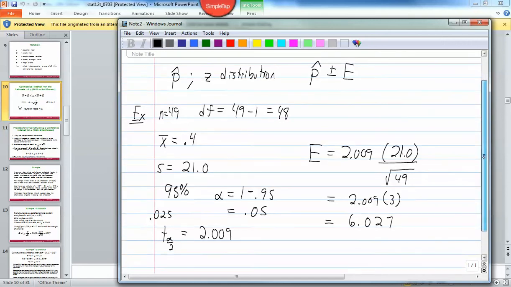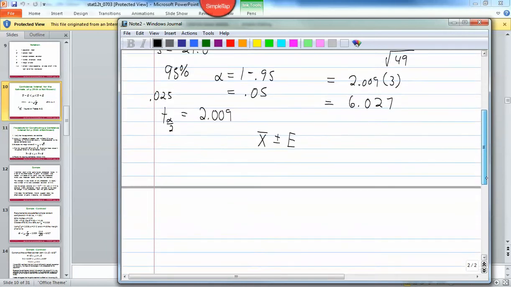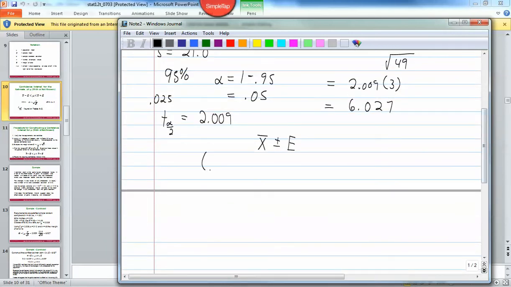So to construct our confidence interval, we want to say x bar plus or minus e, the margin of error. All right, our left endpoint of our confidence interval is x bar minus e.